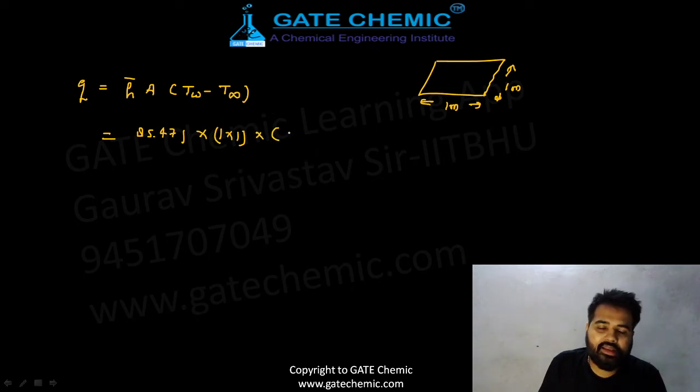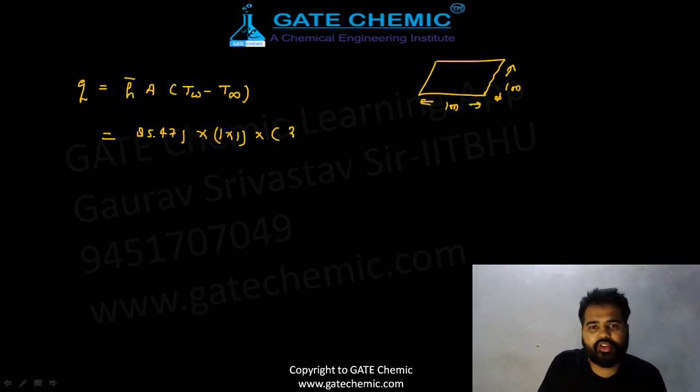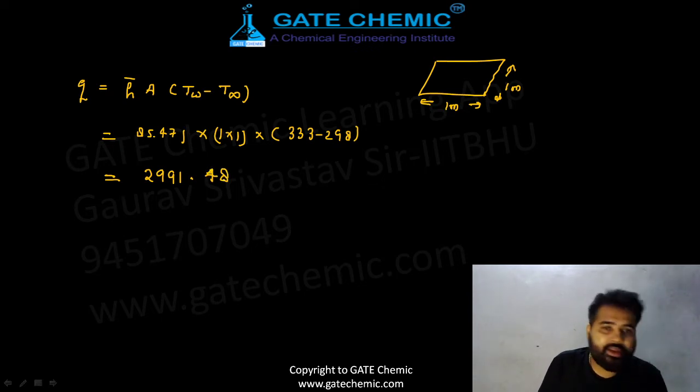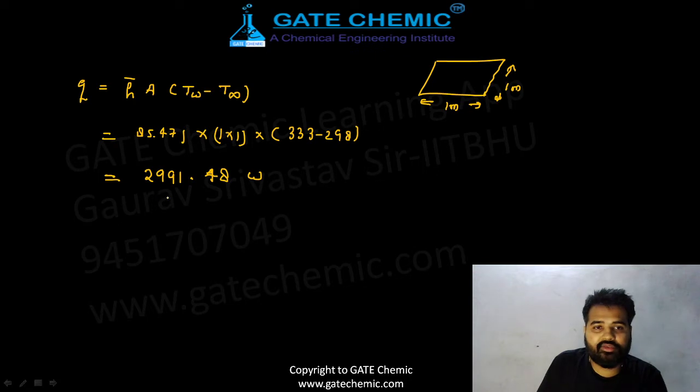And the delta T you can take directly in degrees Celsius or in Kelvin, it's your choice. So 333 minus 298, that means 35 here, and after solving you will get approximately 2991.48 watt, a little here or there may be possible. If your problem wants the answer up to 2 decimal places, then this will be your answer.